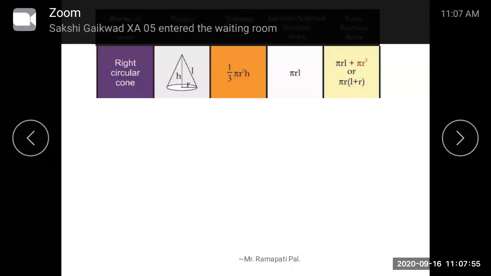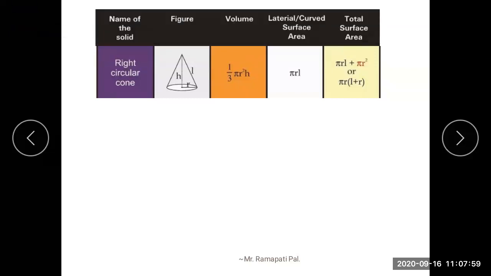So here we are just going to learn the formulas. The volume of a right circular cone is 1 upon 3 pi r square H, and its curved surface area is pi r L. Pi r L. Again I am repeating.